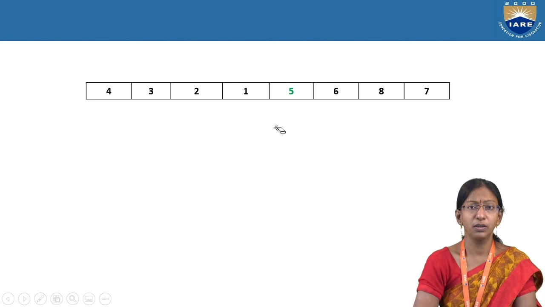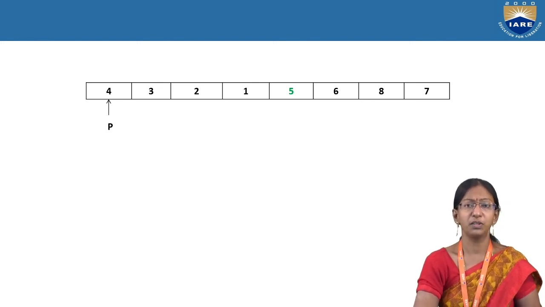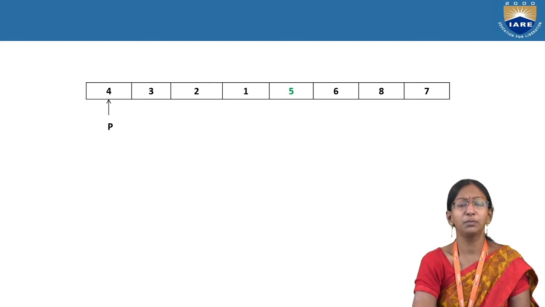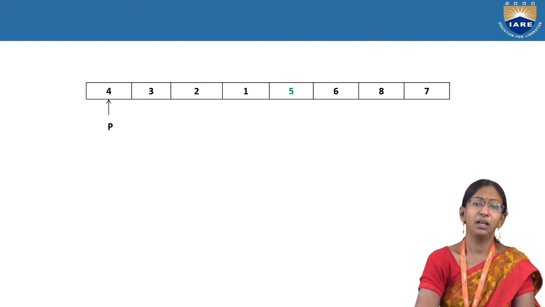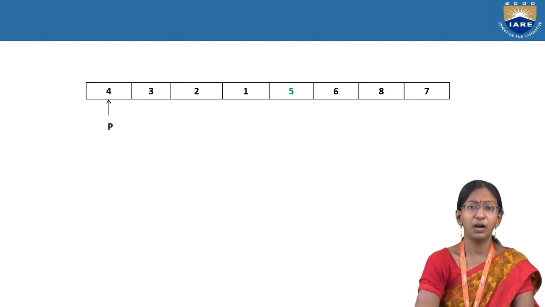As Quicksort works on divide and conquer, now you can see that the whole list is divided into 2 pieces. Not exactly equal, but they are divided such that all the elements left of 5 are one subarray and right of 5 are another subarray.